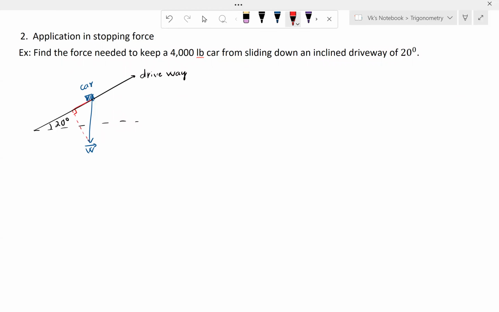And this right here is the force needed to stop the car from rolling. Well, what is the unit for force? So the force right here is the magnitude of the vector F.